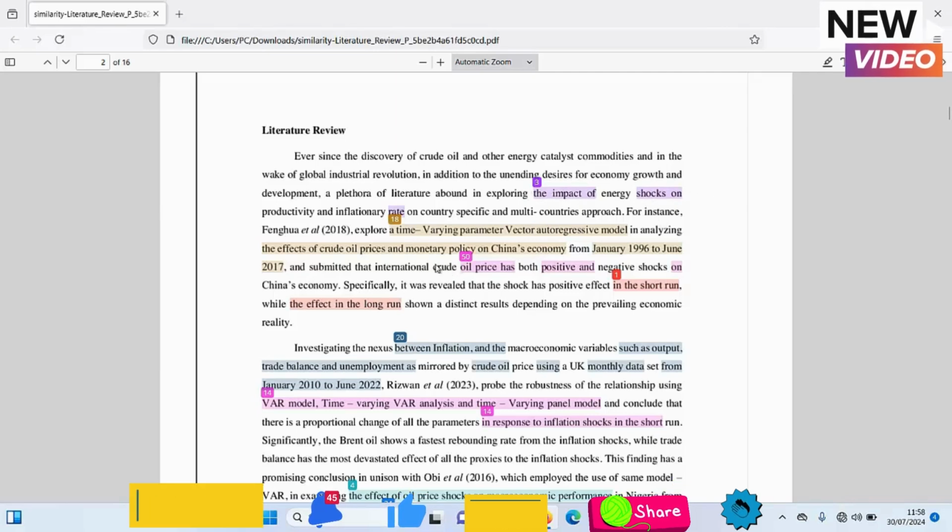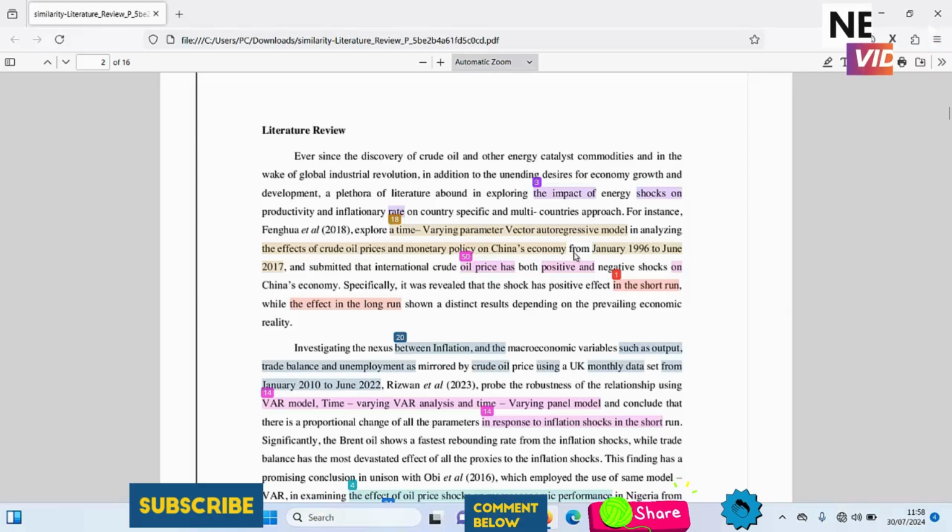And look at this second one that is numbered 18. For instance, this explored time-variant parameter factor autoregressive model in analyzing the effects of crude oil prices and monetary policy on China's economy from January 1996 to June 2017.